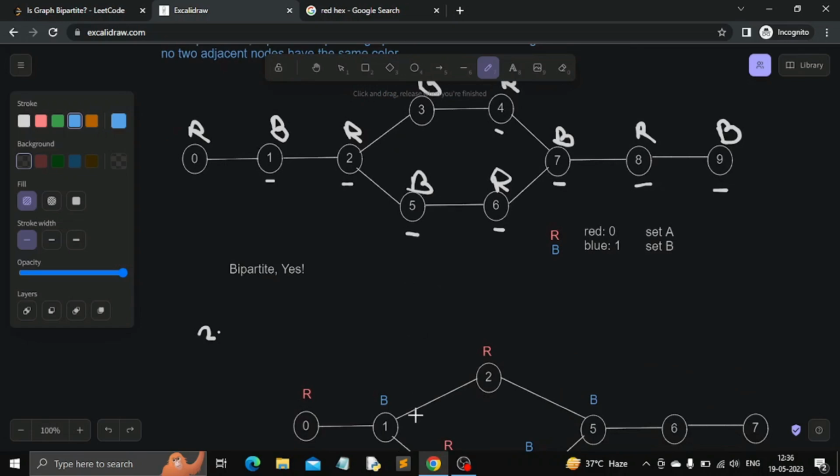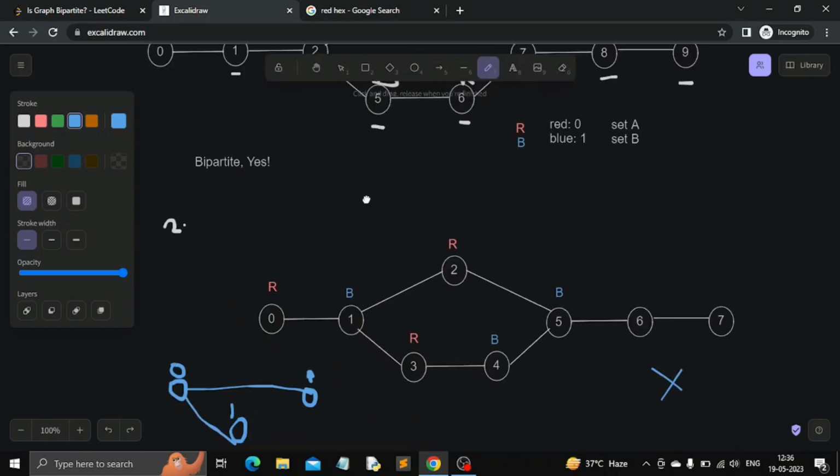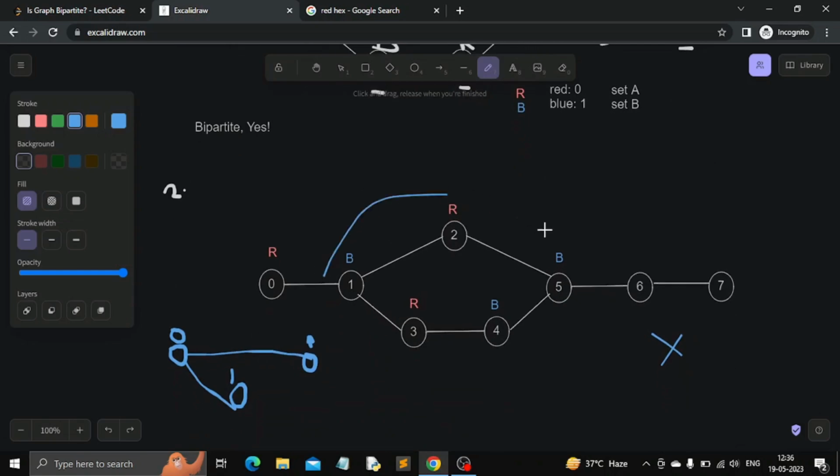Observing these two examples, in the first example, the number of nodes which comprise the cycle are 1, 2, 3, 4, 5, 6. There are 6 nodes in a cycle and this graph was bipartite. Coming to the second example, we have 5 nodes and this graph is not bipartite, right?